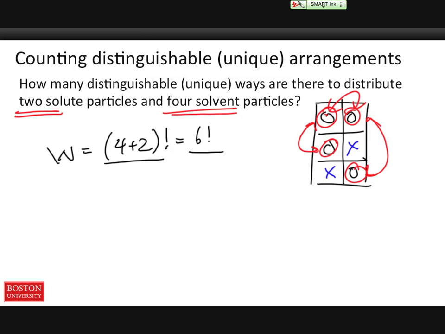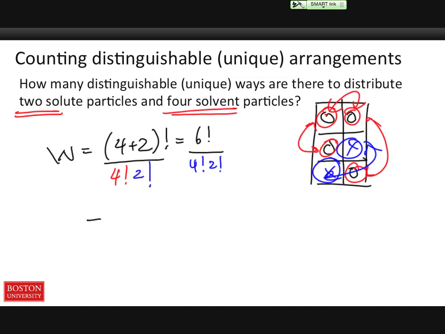So really, for each of the 4 solvent particles, there are 4 factorial degeneracies caused by those indistinguishable changes. And similarly, if I were to try to swap these guys over here, you would see that there's no change. And so there's 2 factorial degeneracies for that. And so we get 6 factorial over 4 factorial, 2 factorial.